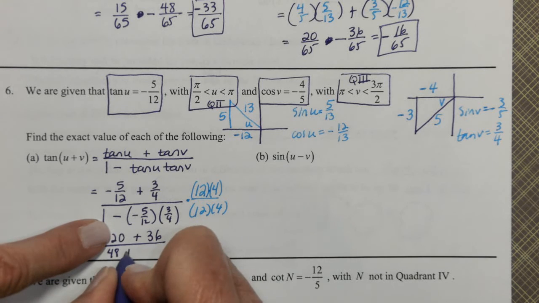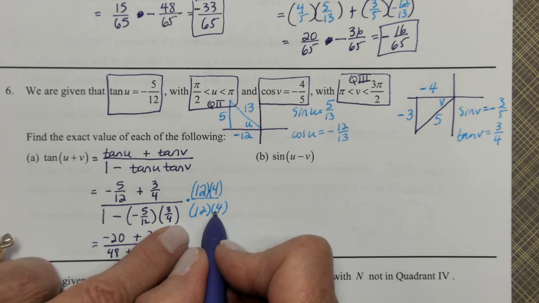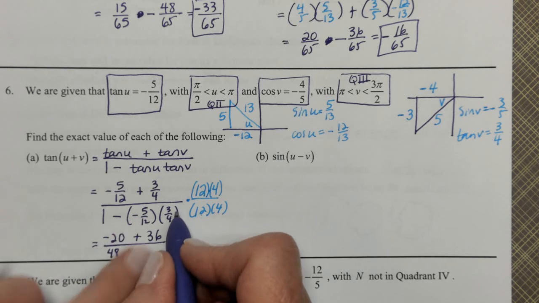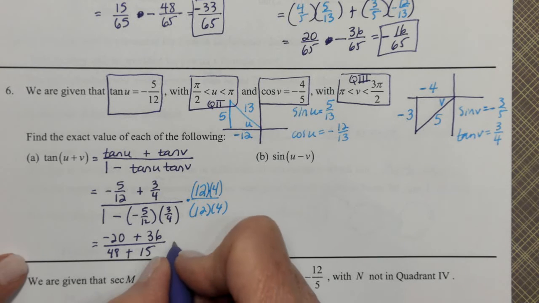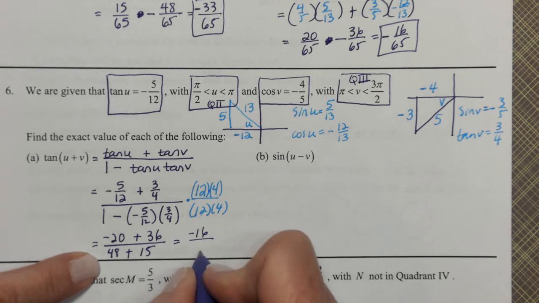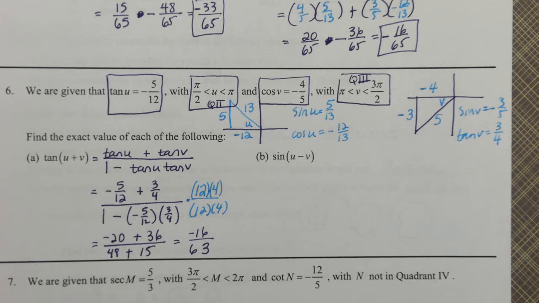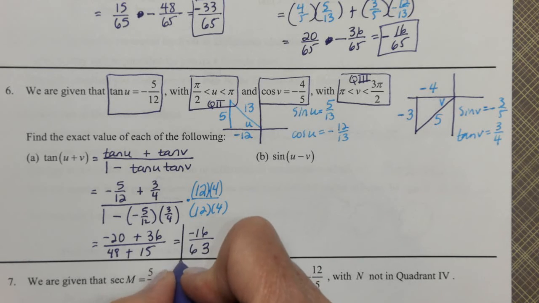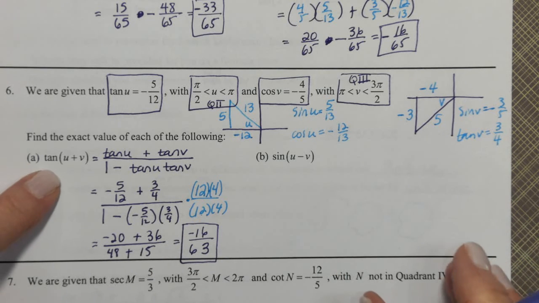This will be a plus, and then here the 12 reduces with the 12, the 4 reduces with the 4, and all I'm left with is 5 times 3, 15. On top we have a negative 16. On the bottom we have 48 plus 15, which is 63. So negative 16 over 63 will be the value of that trig function.